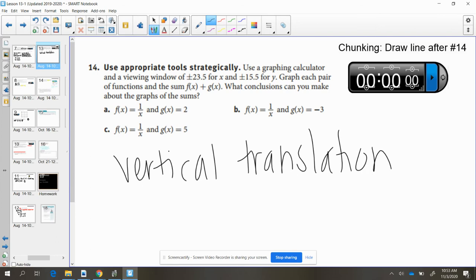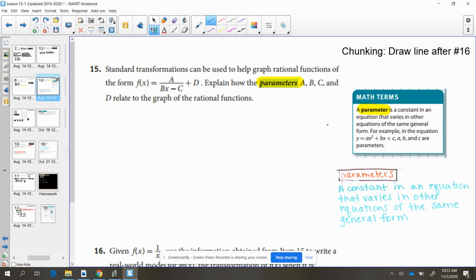So what we can see here finally, and this is kind of the most important feature to write down for today, is that these different parameters are going to shift around our rational functions.